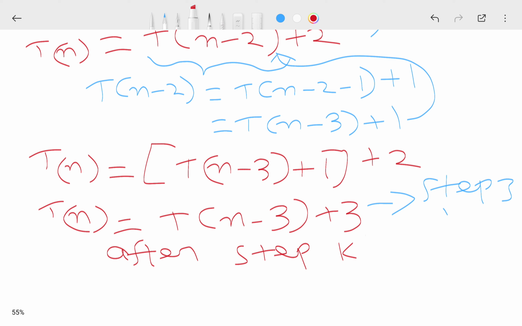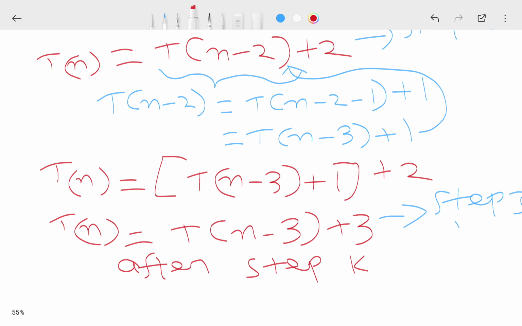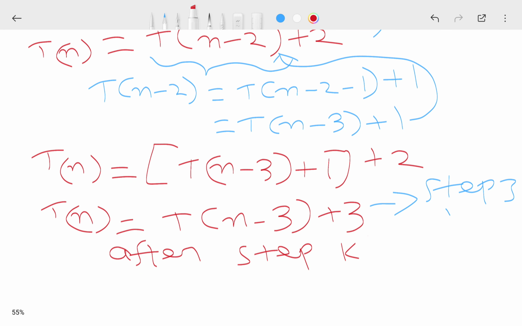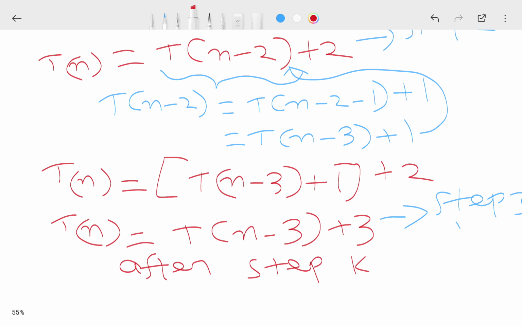So in step 2, T(n) equals T(n-2) + 2. In step 3, T(n) equals T(n-3) + 3. So it follows one pattern.